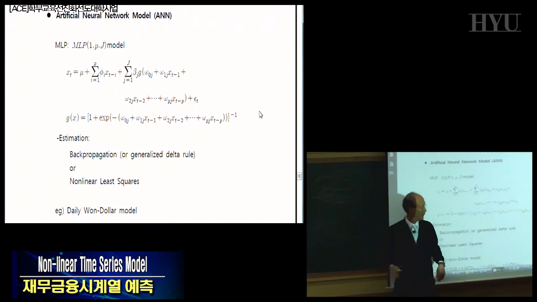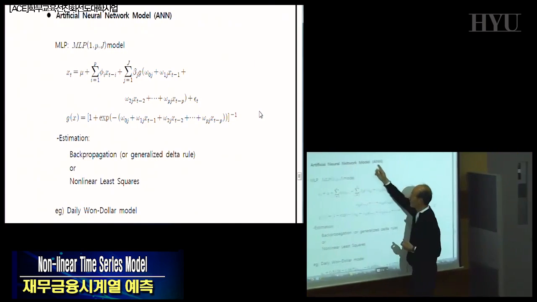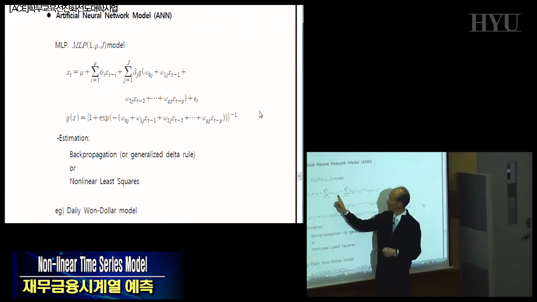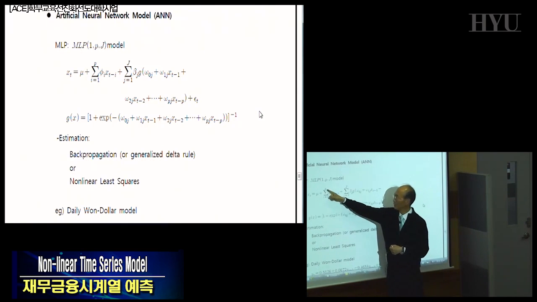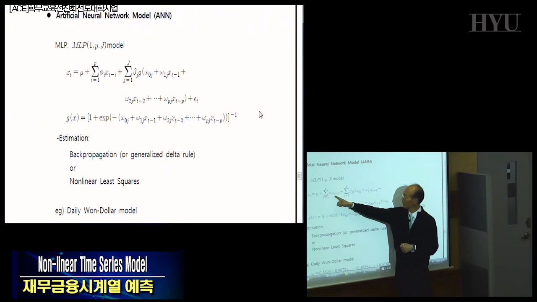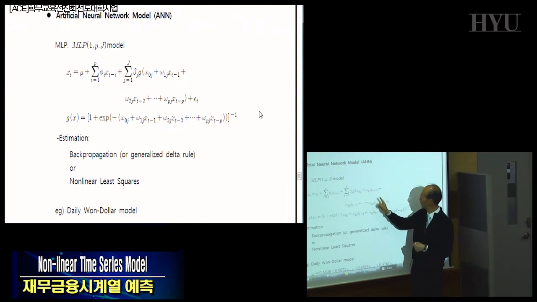The way this ANN is set up is, there is a linear relationship summarized by this pi, p lags of them, also x_{t-1} through x_{t-p} is there.